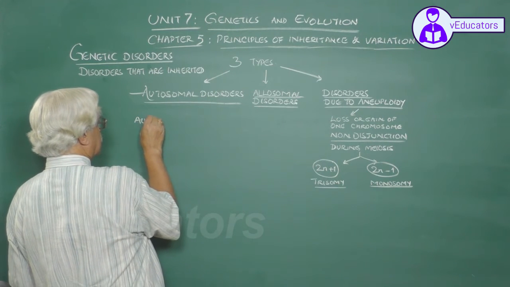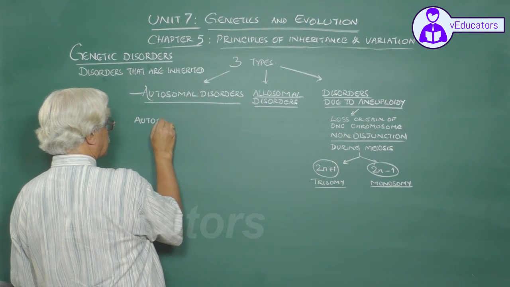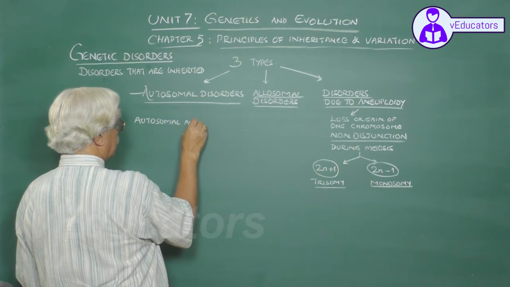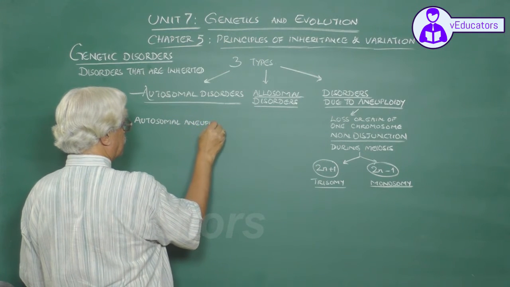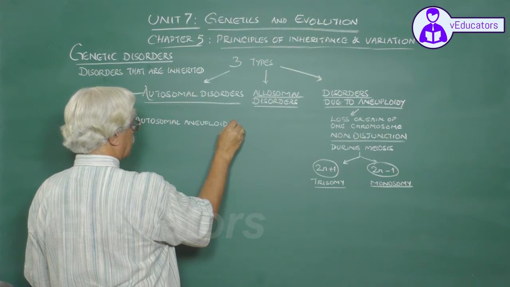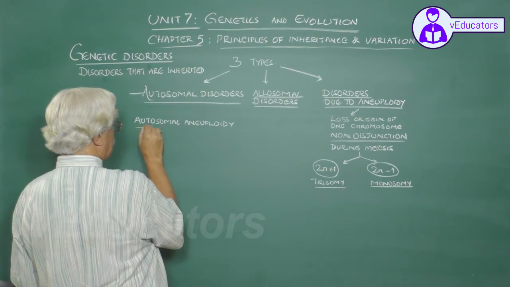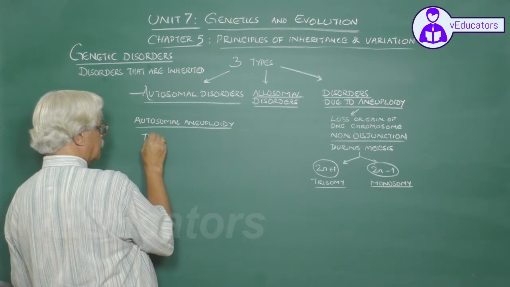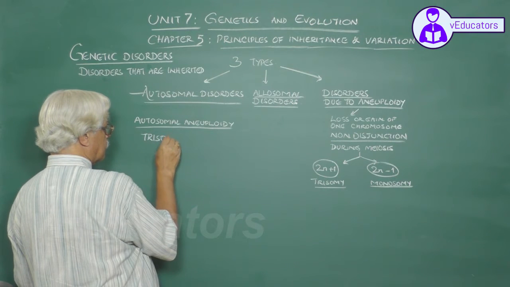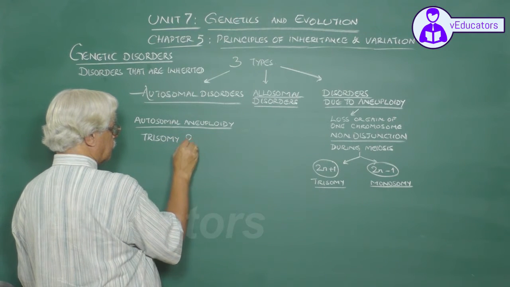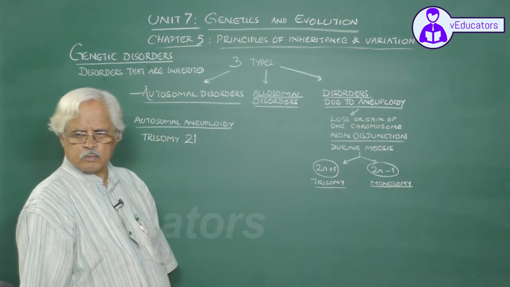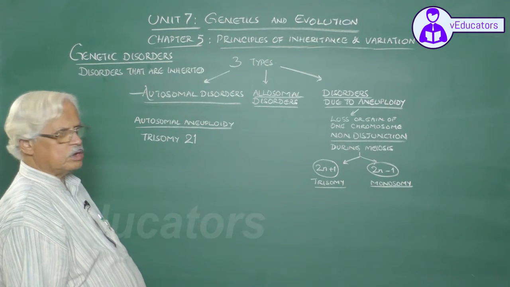There are a few examples of autosomal aneuploidy. One of the most familiar examples is trisomy 21.